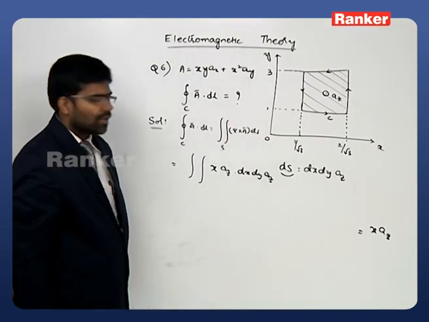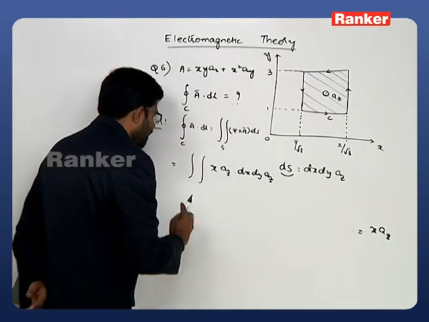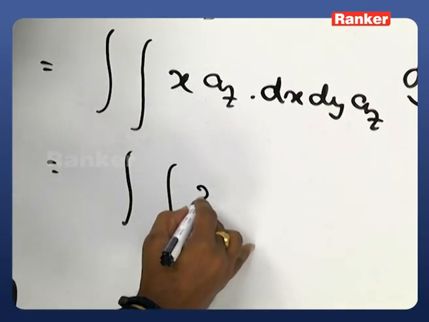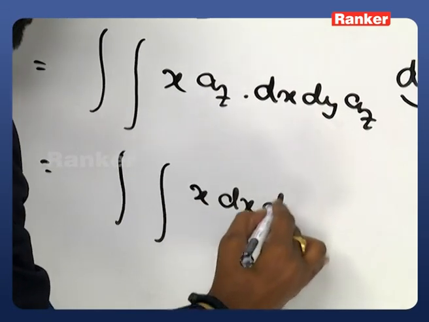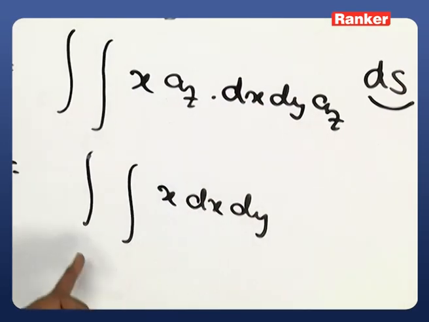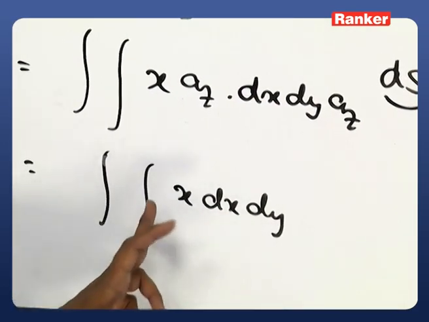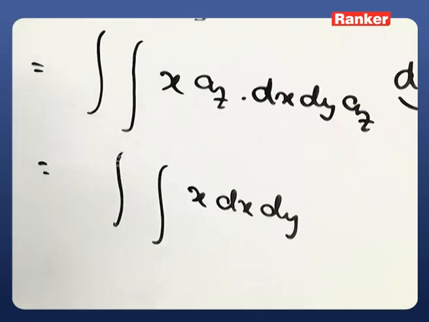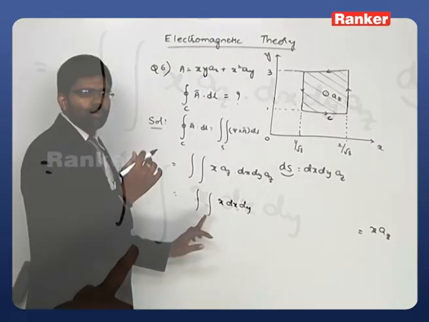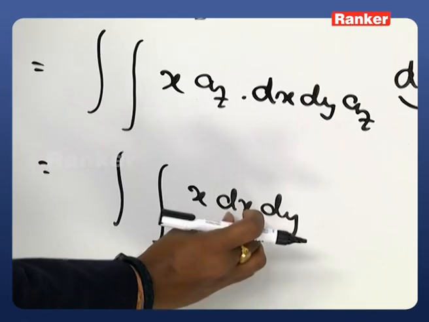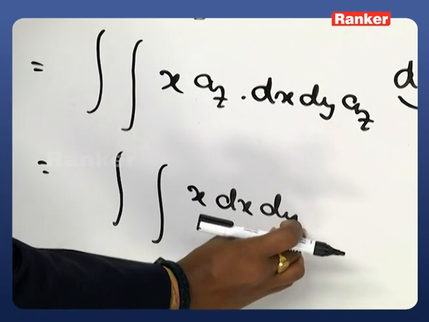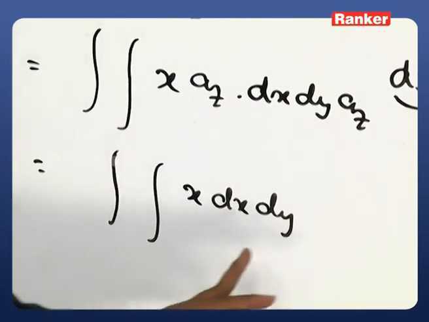Now az dot az is 1, and the remaining term is the double integral of x dx dy. Now we need to substitute the limits for solving this. What are the limits of x and of y? Once again, don't go for the analysis, just take the differential quantities. The differential quantity is x, so we substitute the limits of x. The differential quantity is y, so we substitute the limits of y.